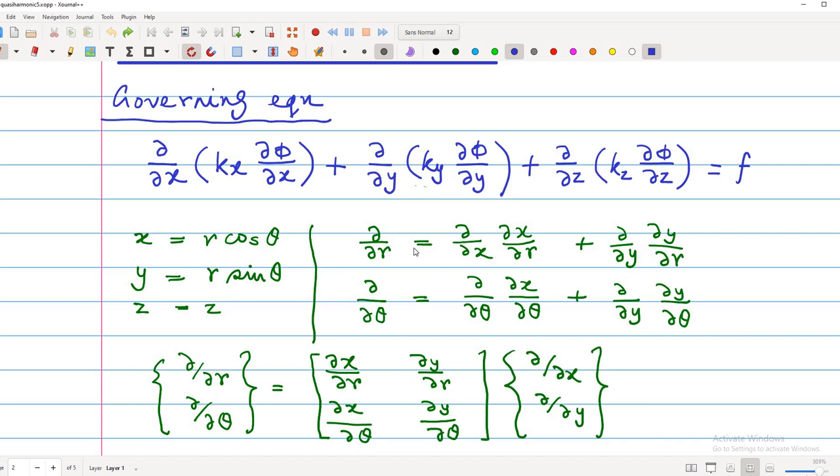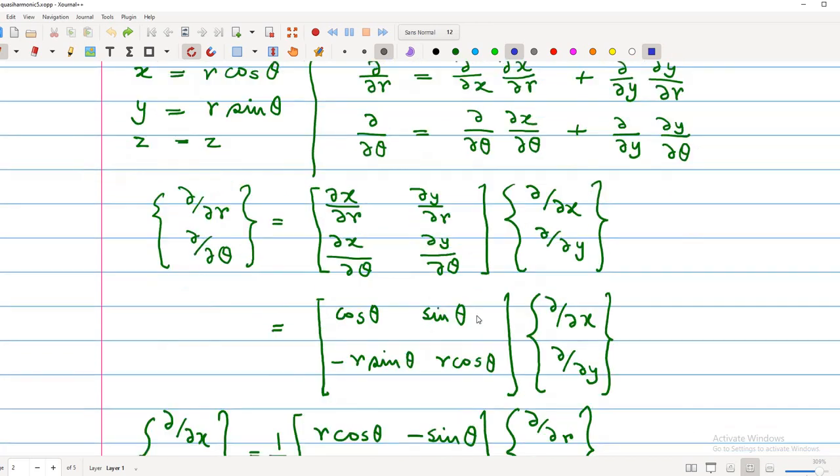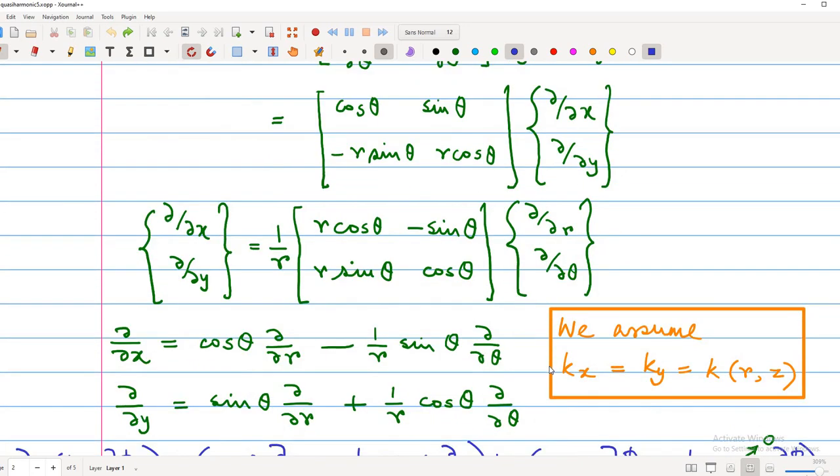So del r is del x del r plus del y del r. This is the chain rule of differentiation. You know del r and del theta. In matrix notation it is like this, and if you invert this, then del x and del y become this.